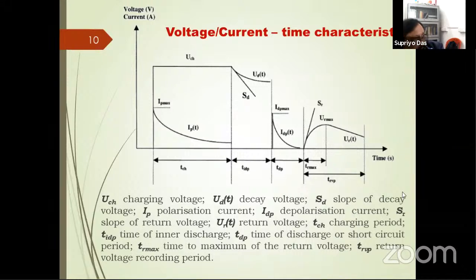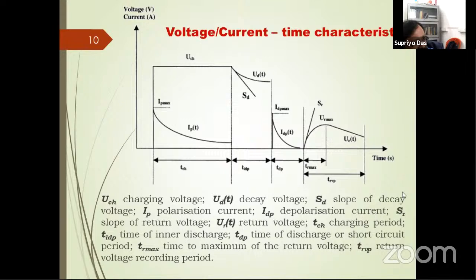After charging, if we don't short the material immediately and leave it for a small duration, that is t_IDP, the time of inner discharge, some inner discharge within the material happens, and that gives a decay in the output voltage.